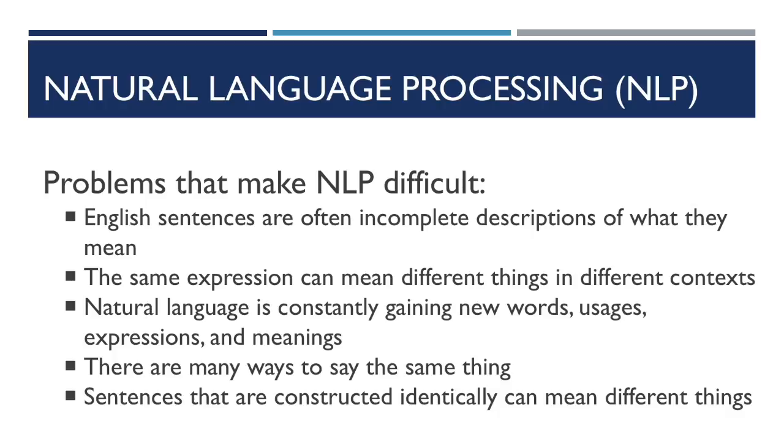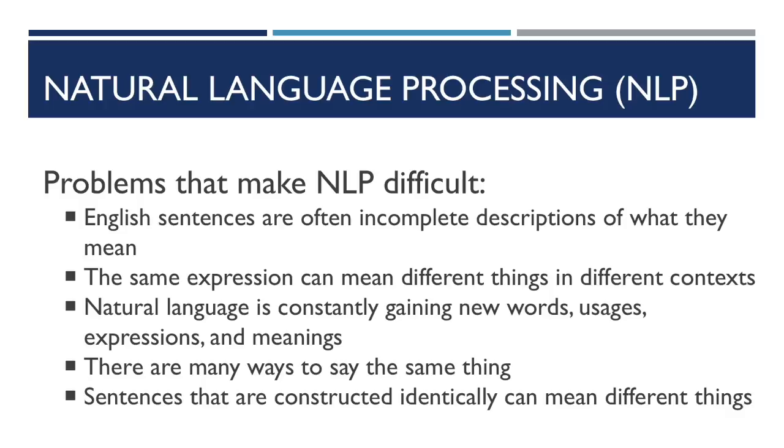Of course, with natural language processing, there are problems and limitations. Some of the things found difficult are: English sentences are often incomplete descriptions of what they mean. The same expression can mean different things in different contexts. Natural language is consistently gaining new words, usage, expressions, and meanings. There are many ways to say the same thing.